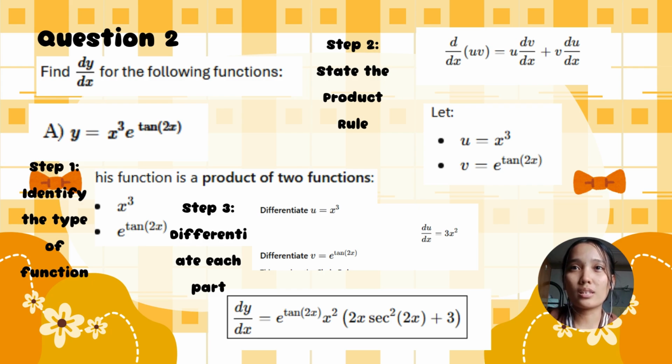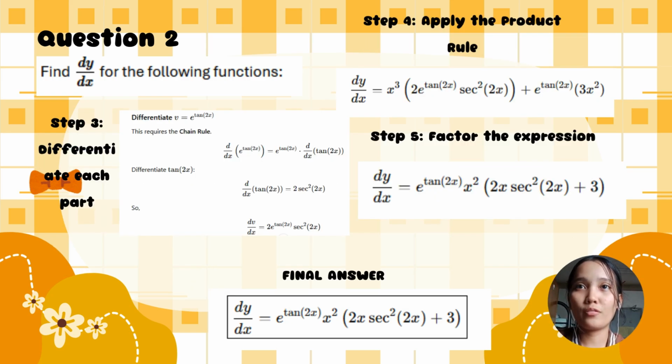The product rule states that the derivative of uv is u times the derivative of v plus v times the derivative of u. Now, let u equal x to the power of 3, and v equal e to the power of tan 2x. Next, to differentiate e to the power of tan 2x, we use the chain rule.